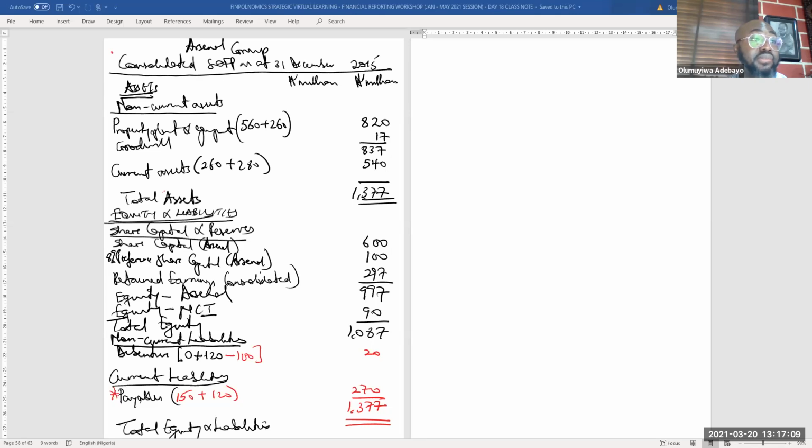Any other adjustments or any other question?